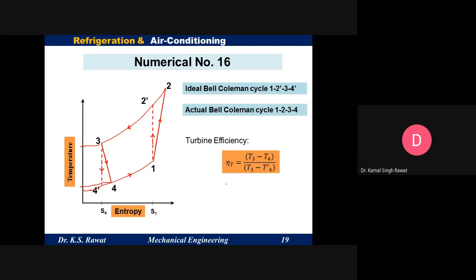Now similarly for the compressor, we have the differences.